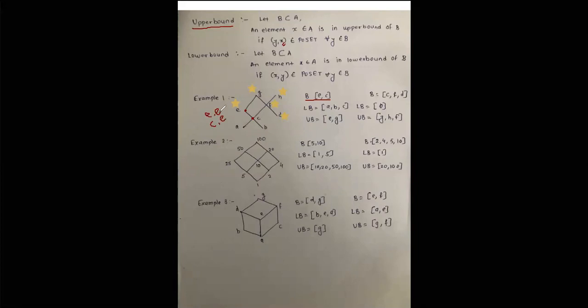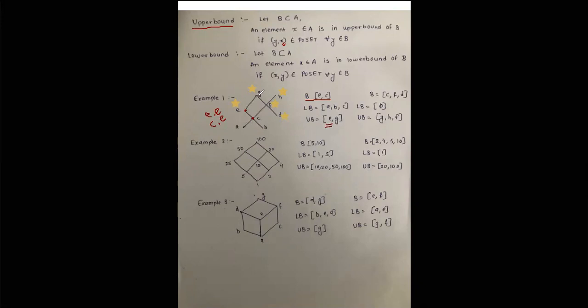We want to find out whether (E, E) and (C, E) are present in the poset. Yes, (C, E) is there because E is on the upper side of C, so this ordered pair exists in the poset, and (E, E) is also present in the poset. That's why E is the first element to be in the upper bound set.